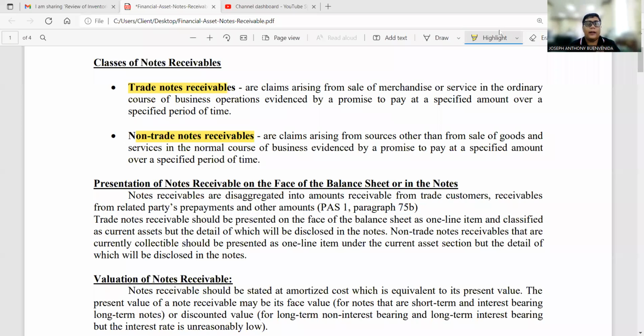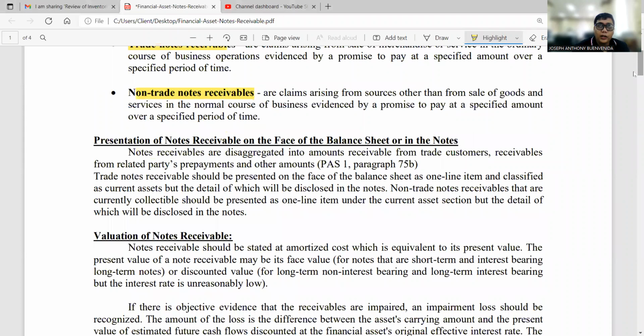Notes receivable is presented as a one-line item, and its details are disclosed in the notes to the financial statements. So they are separate: trade notes and other receivables fall under the one-line item notes receivable. The accounts receivable have a separate line item.